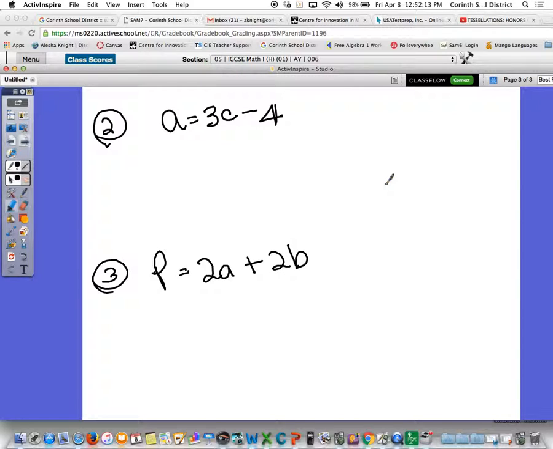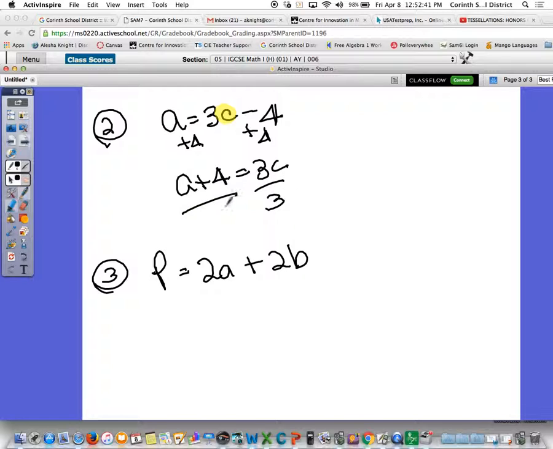Okay, number 2, what are we making the subject? C, okay? So I want to highlight C. That means I need to move what? The 4. So how am I going to move it? By adding 4. So I add 4 to both sides, so that gives me A plus 4 equals 3C. Then what?